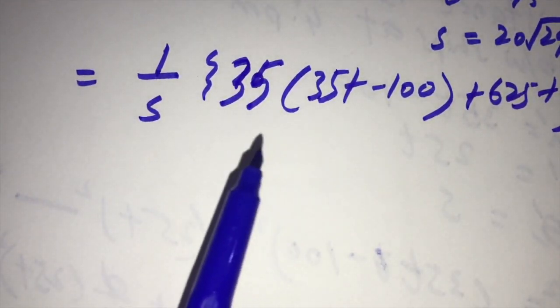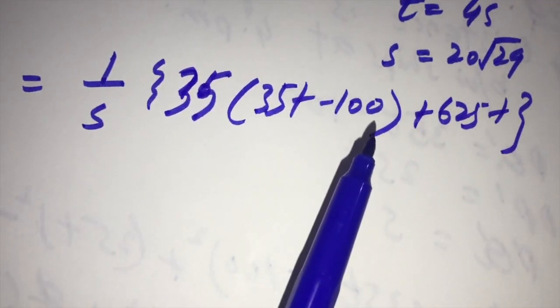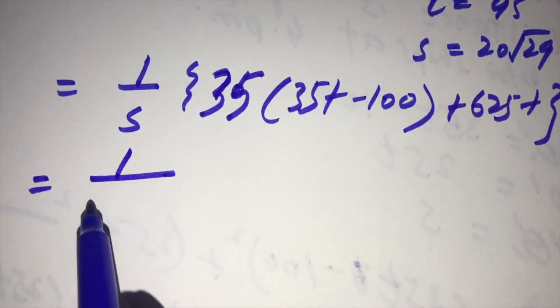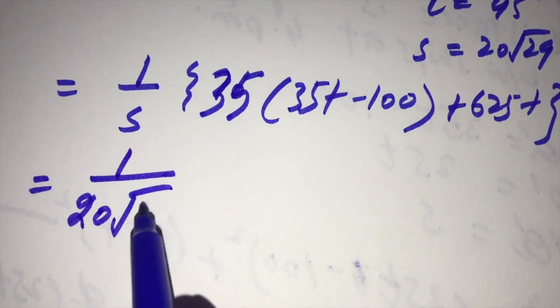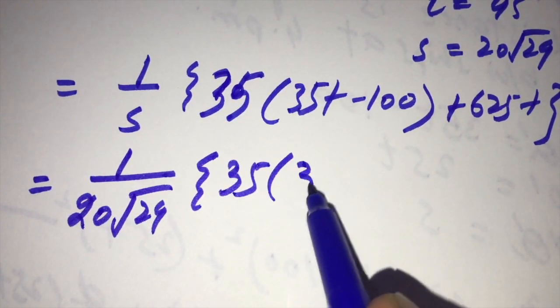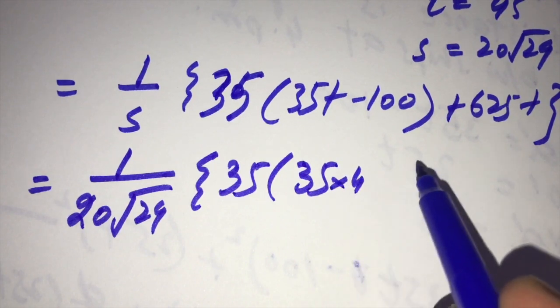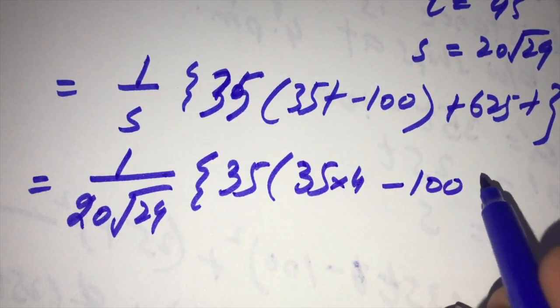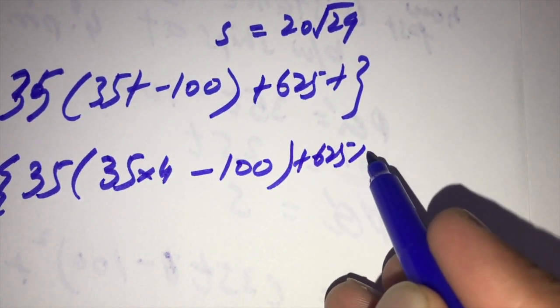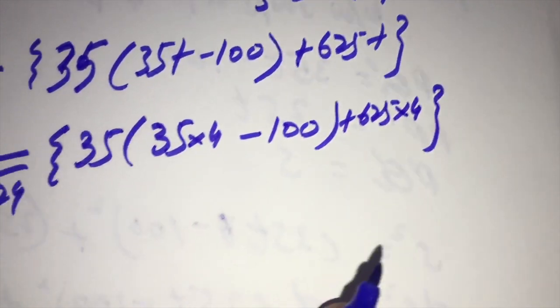Now put t is equal to 4 and s is equal to 20 into square root of 29 here: 35 into (35 into 4 minus 100) plus 625 into 4.